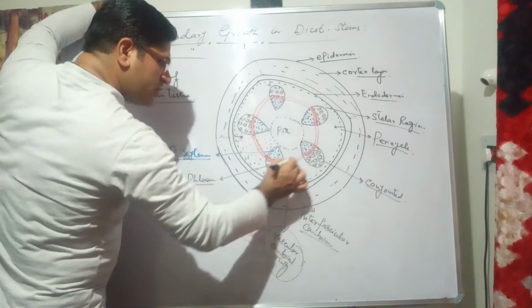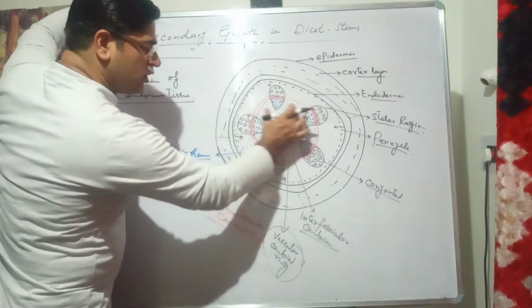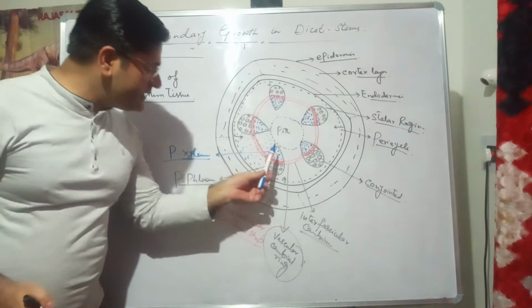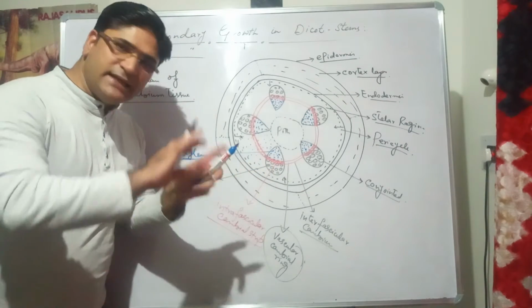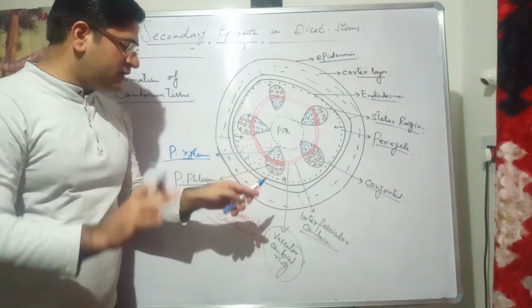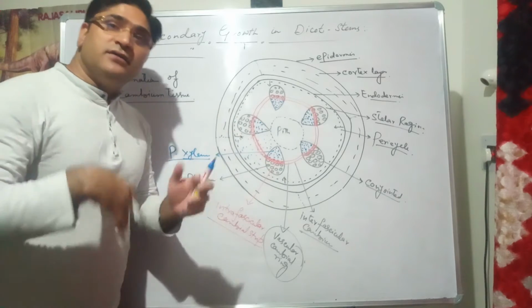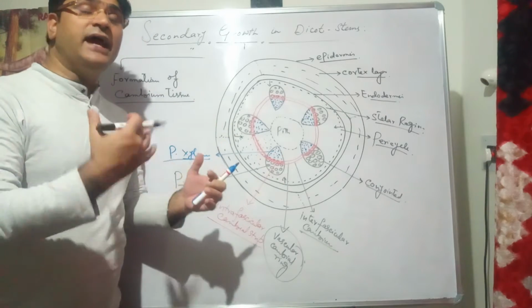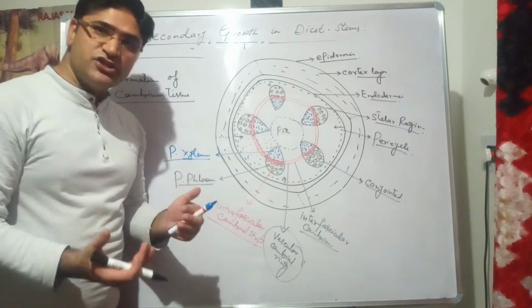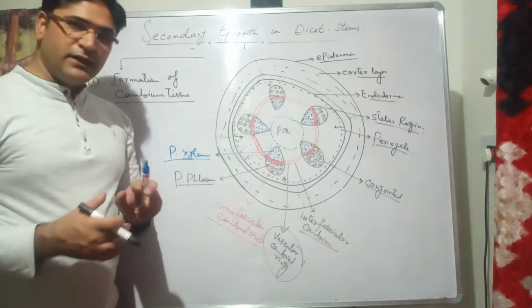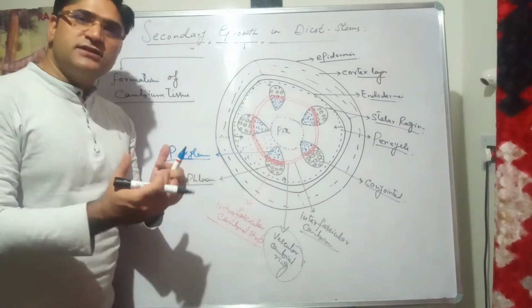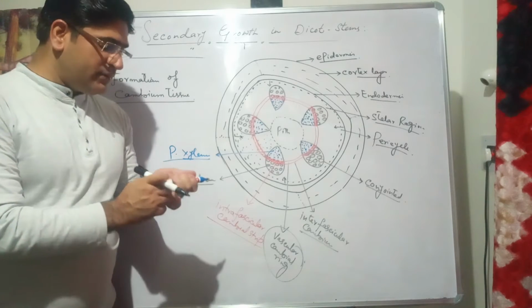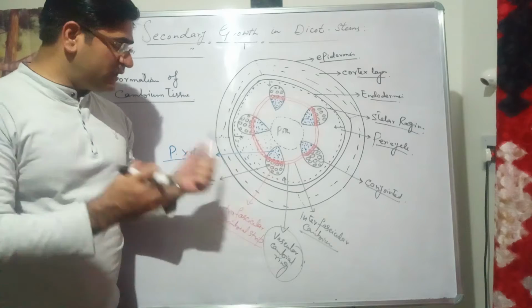Now when the vascular ring is formed, the primary xylem and primary phloem get separated completely. After that comes the activity of the cambial ring. Now it will become functional. Once the cambial ring becomes functional, it starts its own activity. That is the second step, how the cambial ring becomes active within the plants.